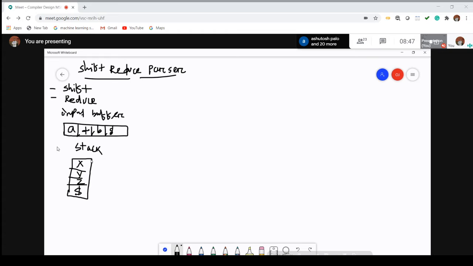So what is the method? How can we construct the shift reduce parser? Only two operations we have to perform here: either shift or reduce.